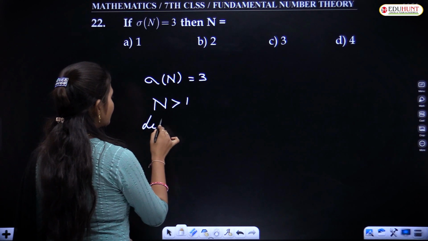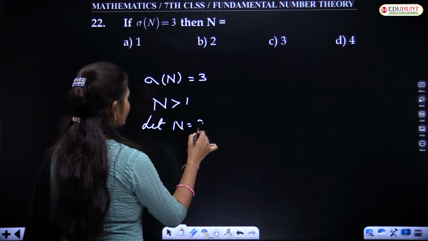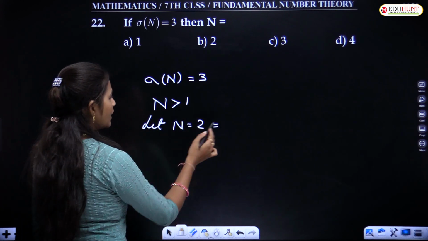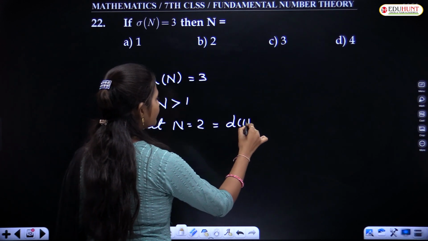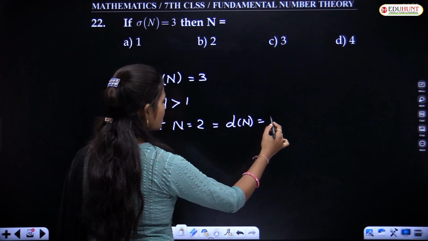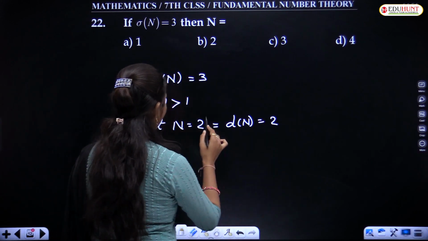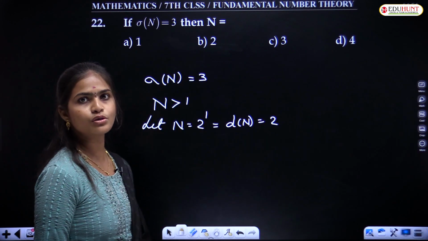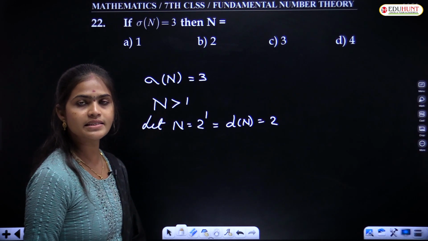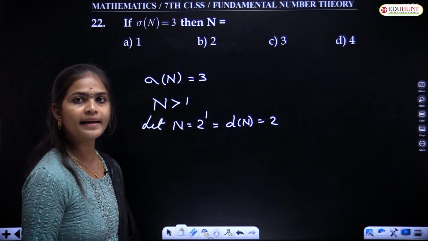So let n be equal to 2. Here D of n is 2 only, no? And in the same way we can write this as 2 power 1, which is again 2 only.